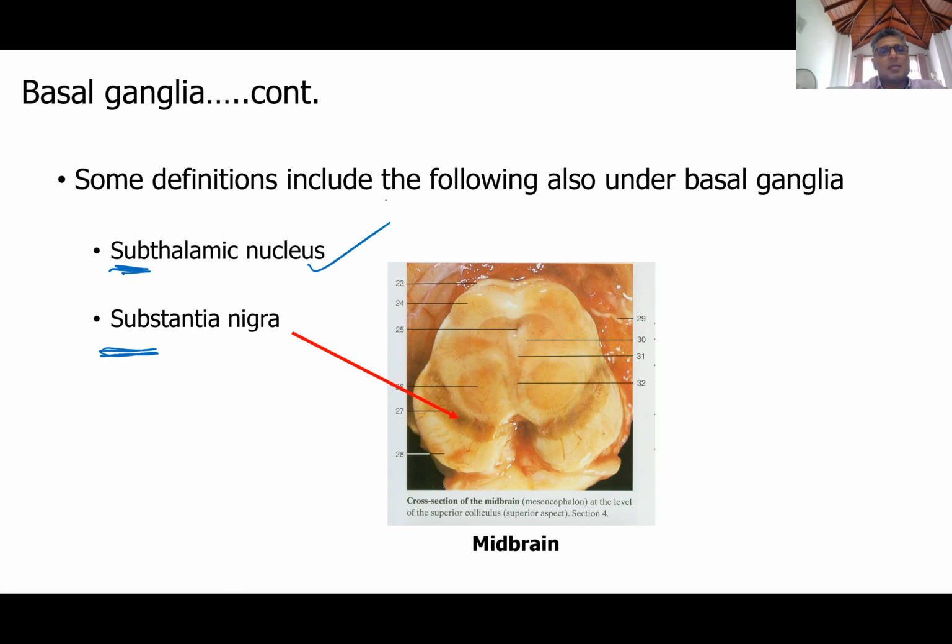This, of course, is in the cerebrum. The substantia nigra is actually in the midbrain, in the brain stem. When we do the brain stem, you will see the substantia nigra again. If the midbrain is like this, it extends in its whole length. Whether you cut it here, here, or here, at which level you get the substantia nigra.